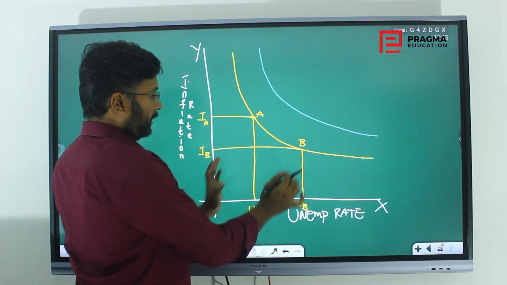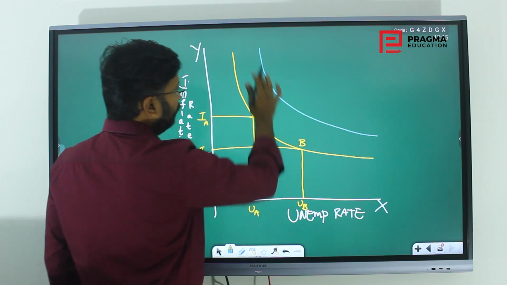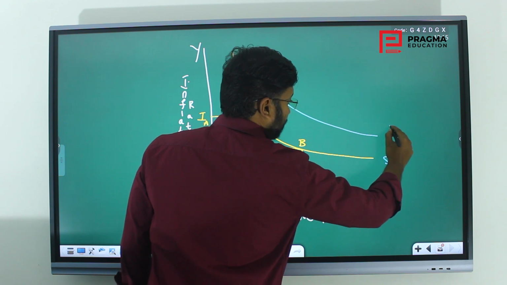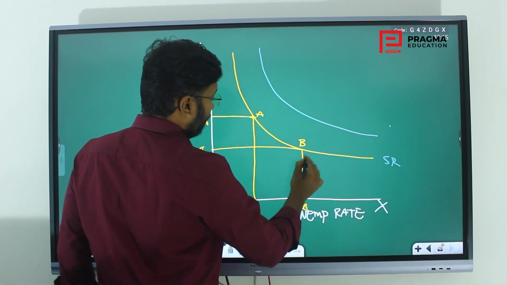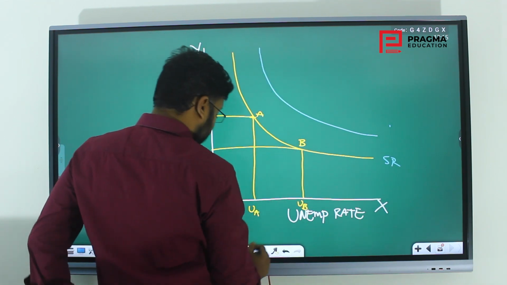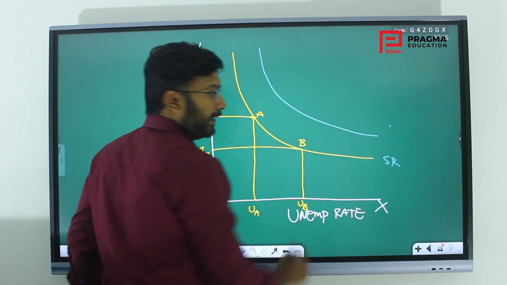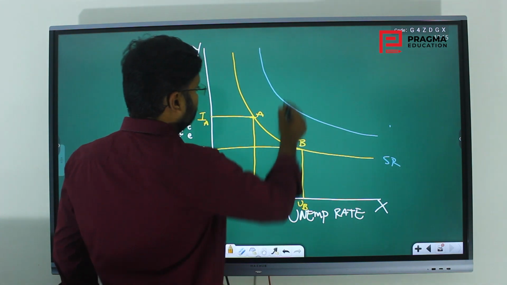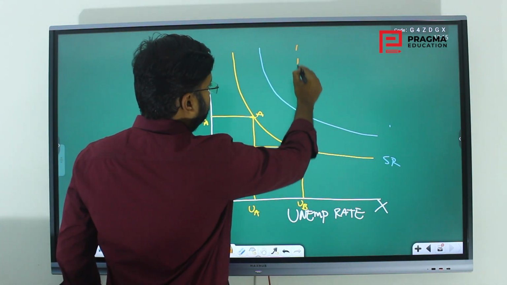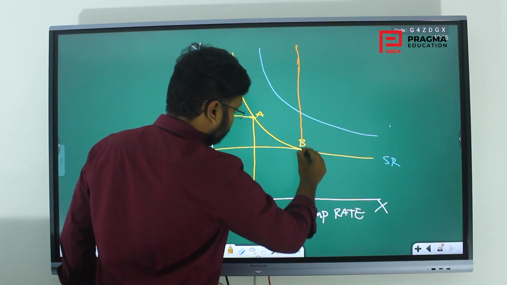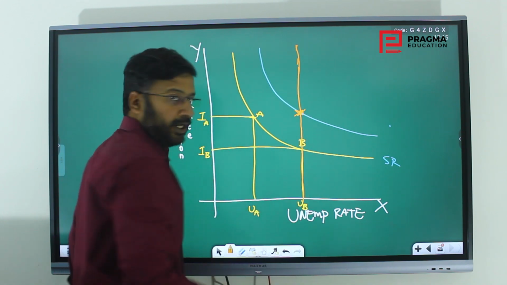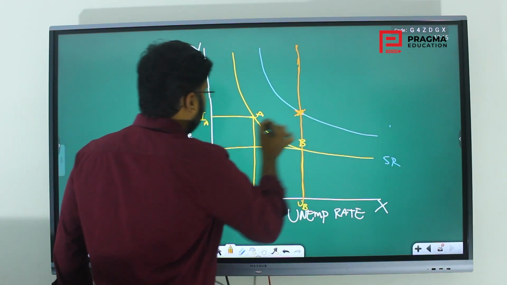In the long run, when you extrapolate it, this is the short run. This is when it goes to the long run. This is imaginary. It should have been like this. But in reality, it will stabilize at a higher inflation rate.